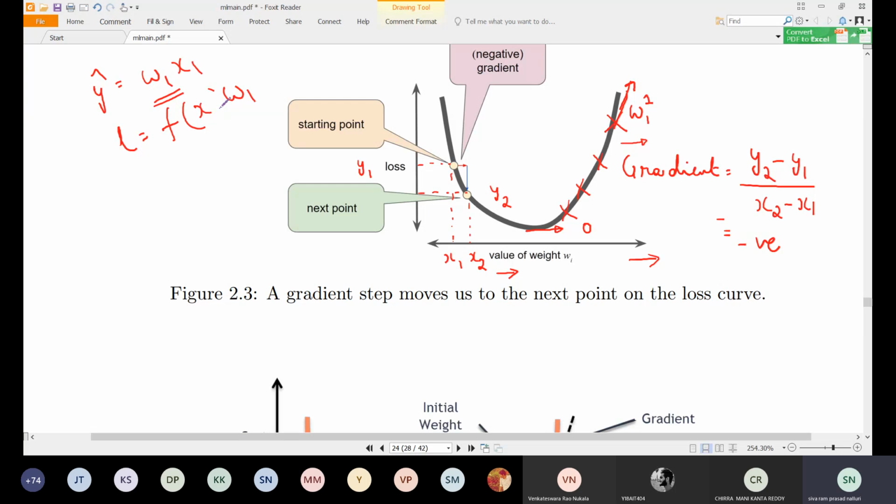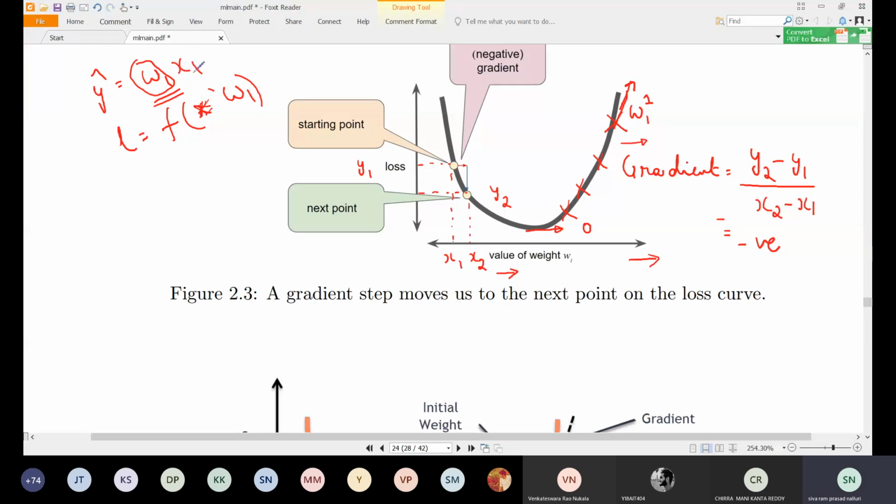In fact, it is not a function of x1, it is simply a function of w1. Because what is the only variable that you can change for a given age?